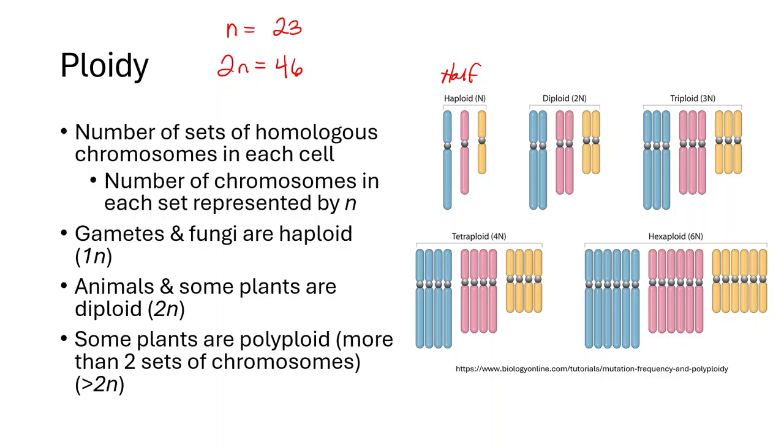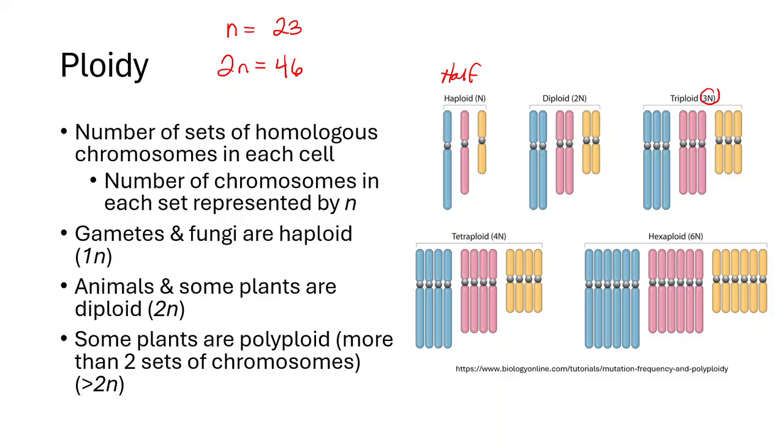Then some plants are actually capable of being polyploid, which means they have more than 2 sets of chromosomes. An organism could be triploid, meaning they have 3 sets of chromosomes, but these are usually not going to be organisms that will end up passing on their genes to produce a new species, just because they will have trouble dividing up their chromosomes during meiosis.